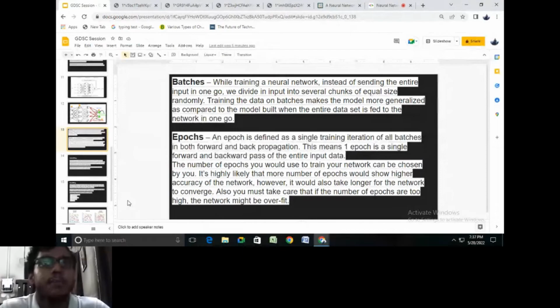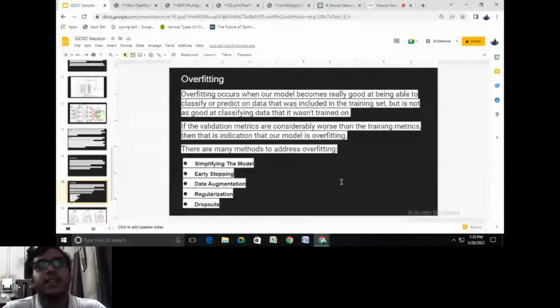Overfitting occurs when our machine learning model becomes really good at classifying or predicting on data that was included in the training set, but is not as good at classifying data that it wasn't trained on. If the validation metrics are considerably worse than the training metrics, then it is an indication that our model is overfitting.